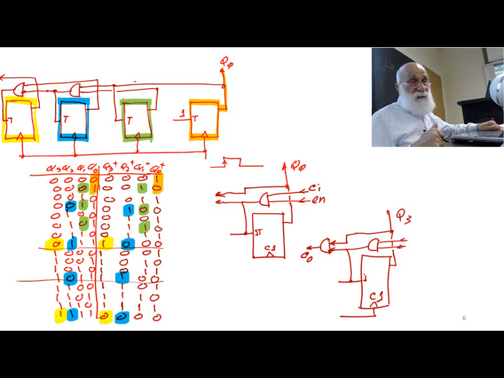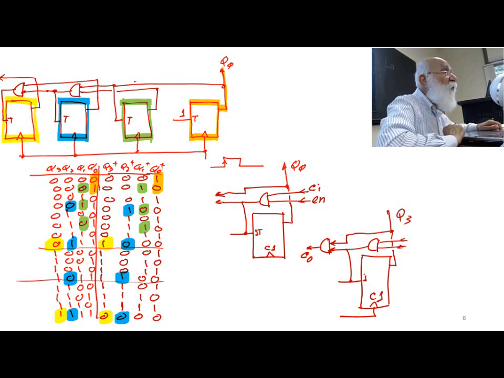If carry in is 0, you are not counting either. Okay? If carry in is 1 and your count reaches 1, 1, 1, 1, okay, your carry out is also 1. Okay? And this is good. This is used for cascading all of these together.